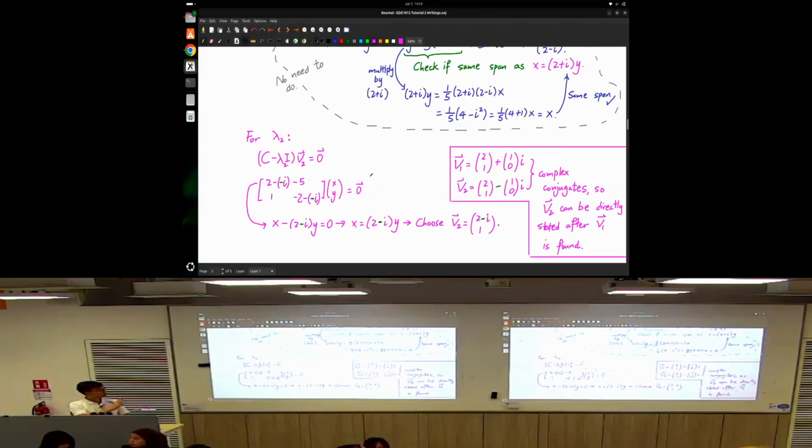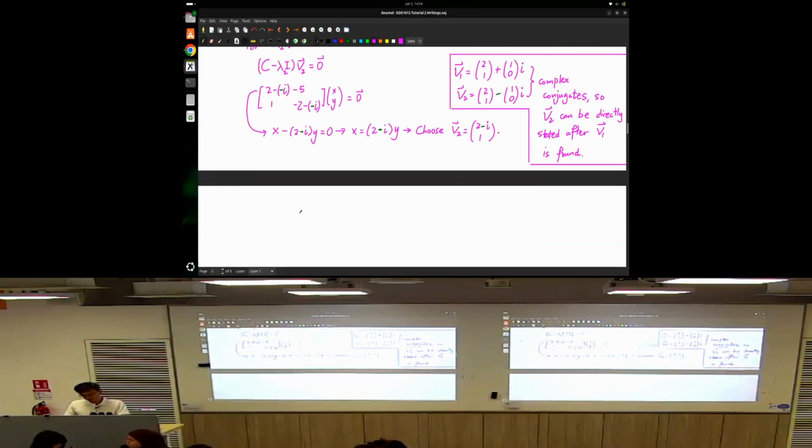This is something that I want to put down, because I think I mentioned it during lecture, but I didn't exactly put it down, because some of you came to ask me. The diagonal form must be PDP inverse, but you must strictly follow the order of your eigenvectors for the eigenvalues.